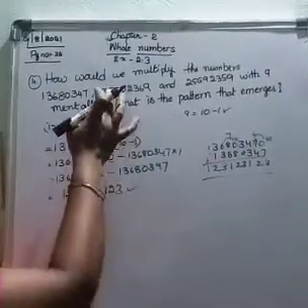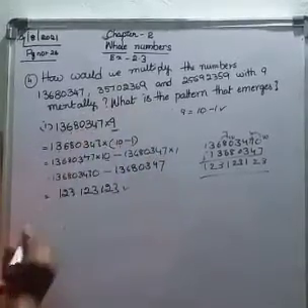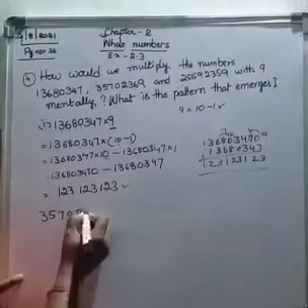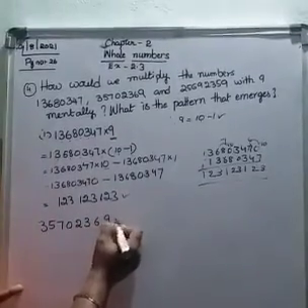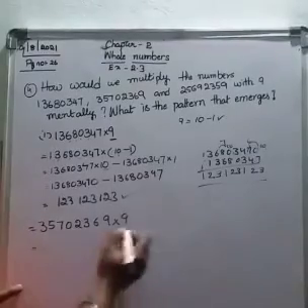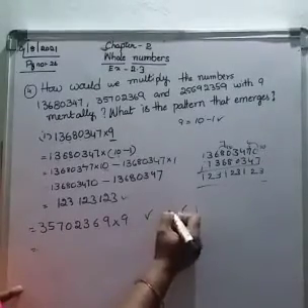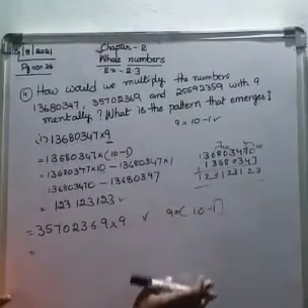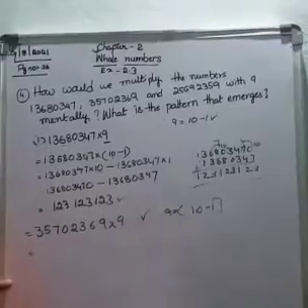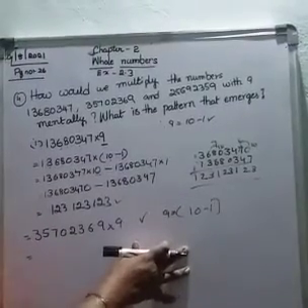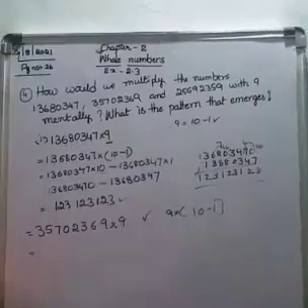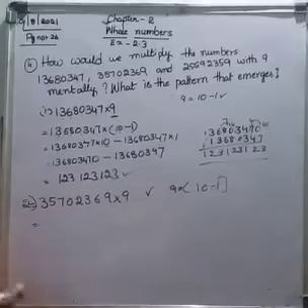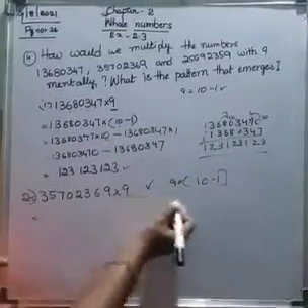What do we get next? This number, 35702369, into 9. In the place of 9 we also have to write 10 minus 1, right? 9 equals 10 minus 1.